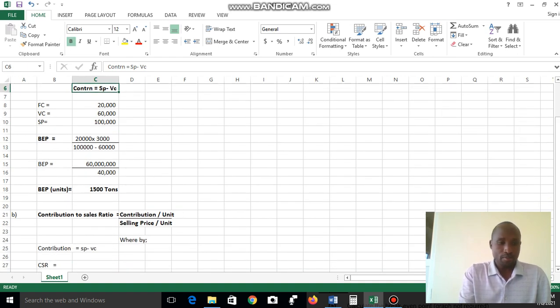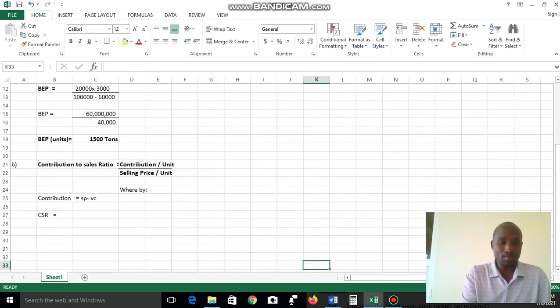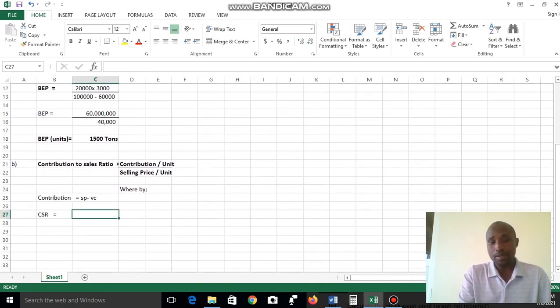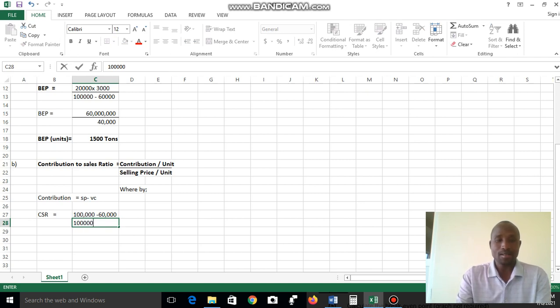For this case, we are not going to waste too much time. Contribution per unit is equal to selling price, which is 100,000, minus the 60,000 variable costs, over the selling price per unit, which is 100,000, then times 100.